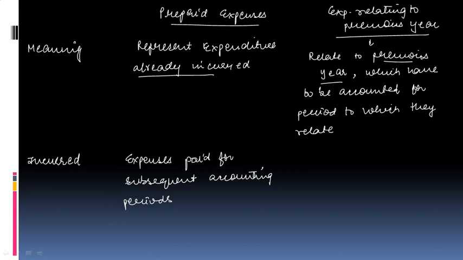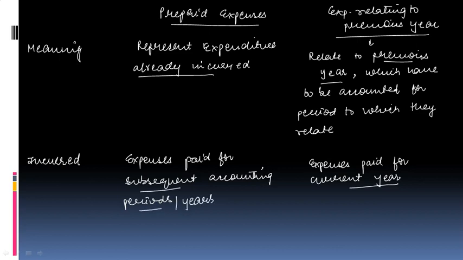If I talk about expenses relating to the previous year, they constitute the expenses payable, expenses paid for current year. You can make it as a current year and you can make it as subsequent periods or subsequent years. So do not make it a previous year, make it the current year itself. This would be quite easy. Okay, now moving on to next, please pause karo beta.